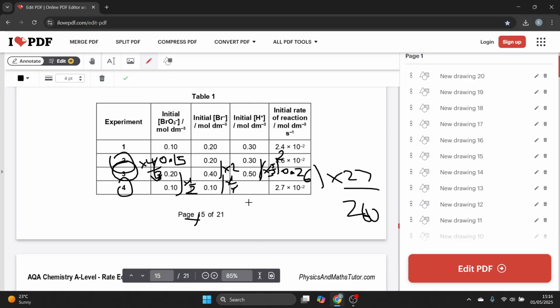So an eighth k, but H plus squared equals 27 over 260 times by 8, and then do 0.50 times by my answer.